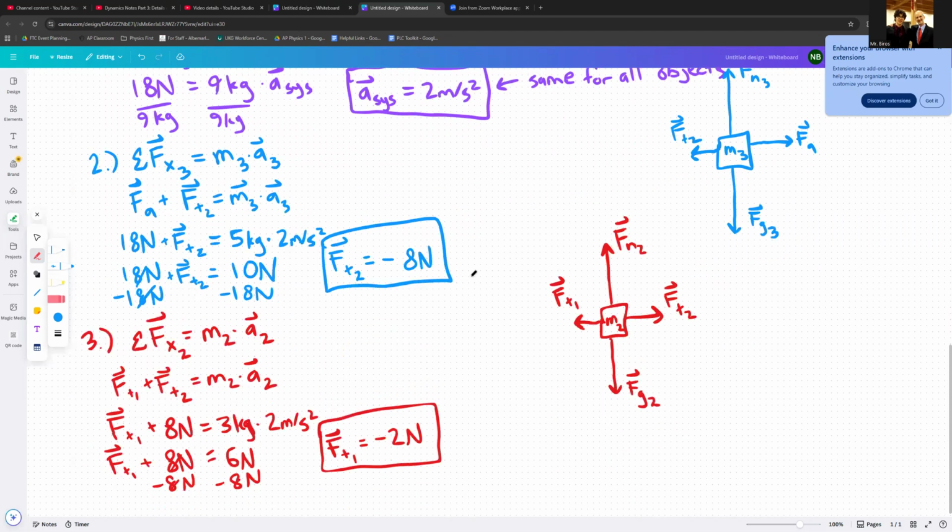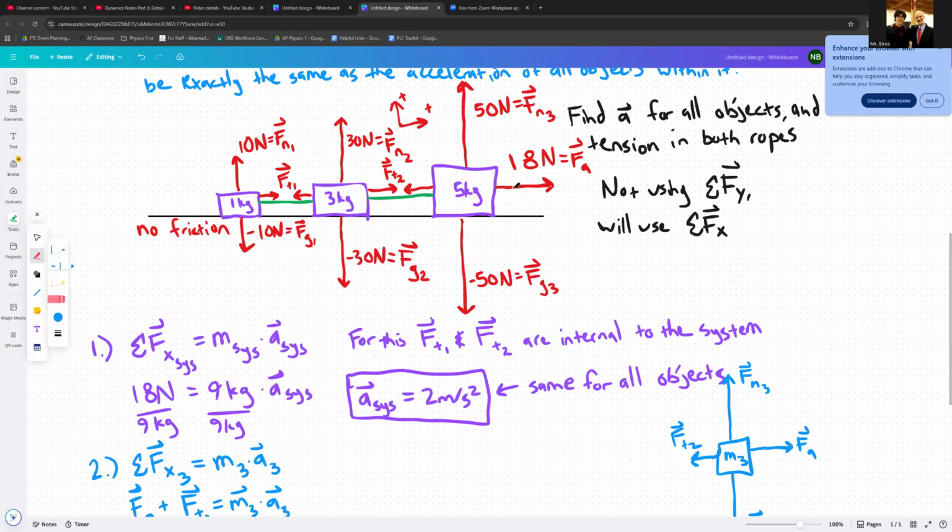Also, I kind of went over it quickly with the 3 kilogram, you might be wondering, why didn't Mr. Byros draw the applied force for the free body diagram on object number 2? The answer is this. The 18 Newton applied force, this person who's pulling, they are pulling directly on the 5 kilogram object. They are not pulling directly on the 3 kilogram object.